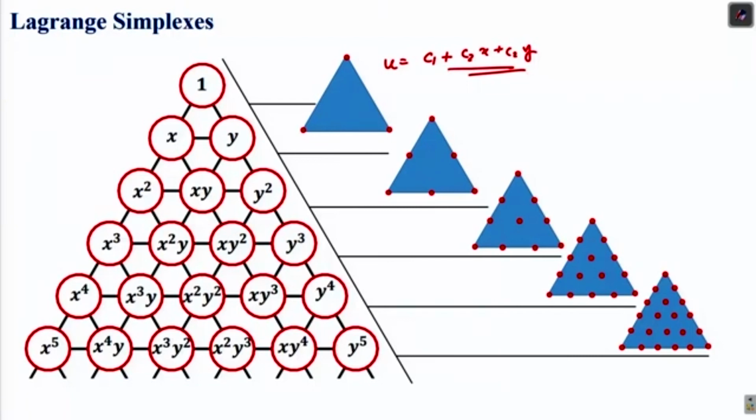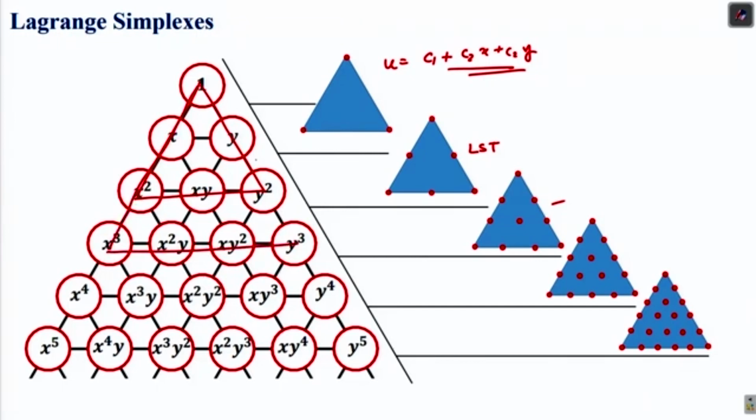Now similarly, if we have to derive the shape function for this element, which is a quadratic element, also called the linear strain triangle, then for this we have to take all these terms. Similarly, for deriving the shape function for this element, we have to take all these terms.